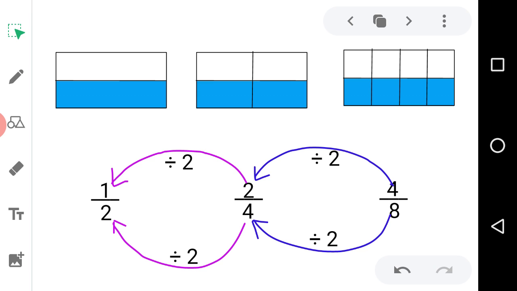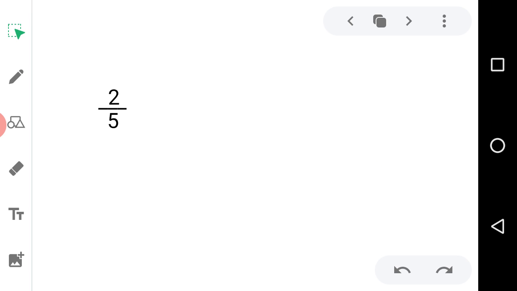Now, let's find the equivalent fraction for 2 upon 5. Here we have a fraction 2 upon 5. We can multiply or divide by any number. So first we multiply it by 2. If we multiply 2 by 2, we get 4 in the numerator. Now, what do I write in the denominator?